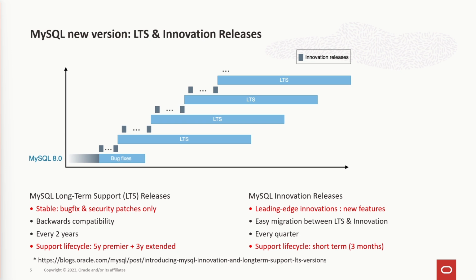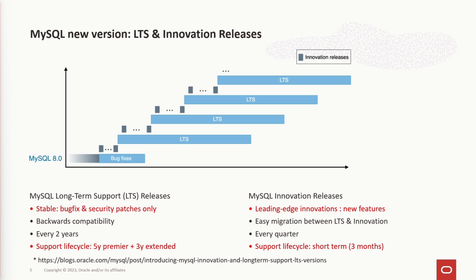We adopted the LTS model. This is not only MySQL; if you are using Linux, you see this too. LTS means long-term support release, which only includes bug fixes and security patches. If you are using 8.0, you may remember some minor versions included very big features.